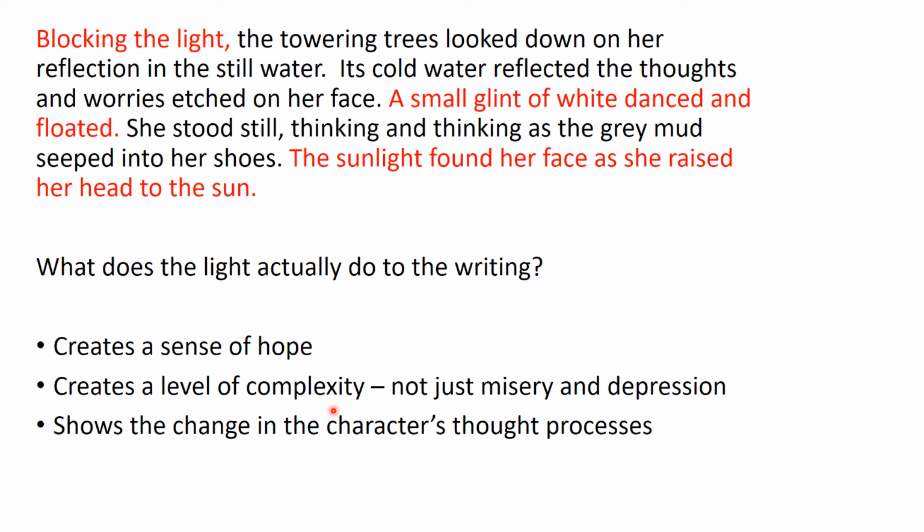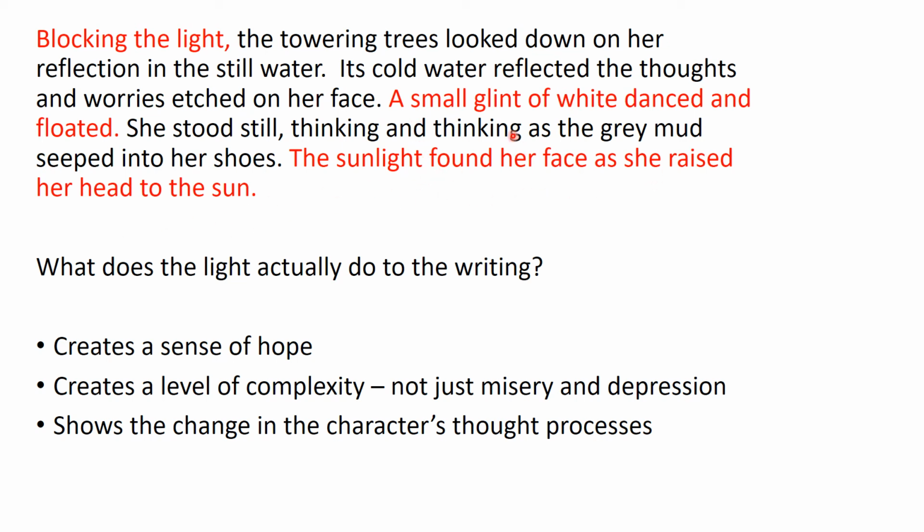And actually the light itself shows us the thought process. At the moment, there's no hope. It's blocked. The towering trees symbolise that. But then she has a small glint, that light. All you need to change your thoughts is one small little thing. And then you can see she raises her face to the sun.